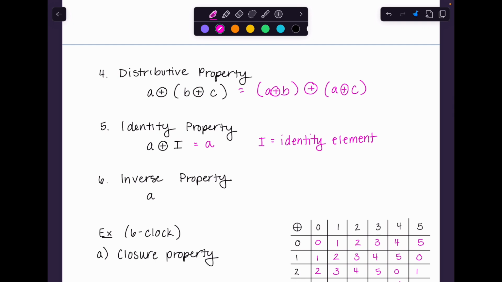For inverse, it's going to be specific for each number. If I take A and add its inverse element, it's going to land me back at the identity. So again, I is still the identity, but V is the inverse element of just A. Every single element is going to have its own inverse.